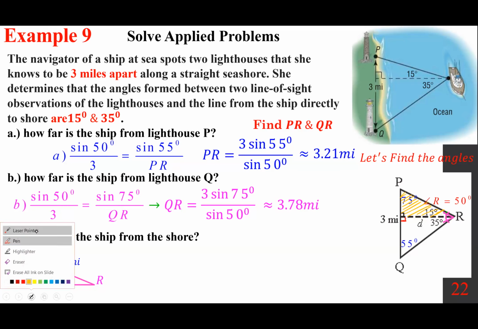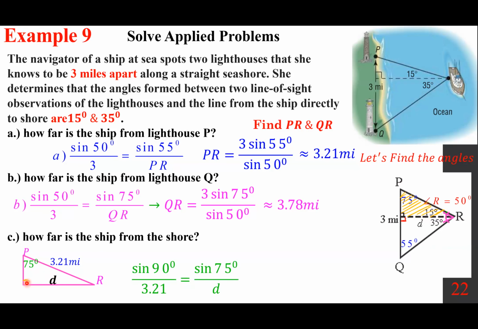obviously this is 90 degrees, right? Sine of 90 over 3.21 equals sine of 75 over D. Of course, sine of 90, everybody knows it to be 1.